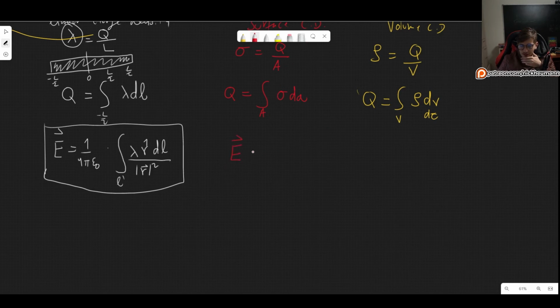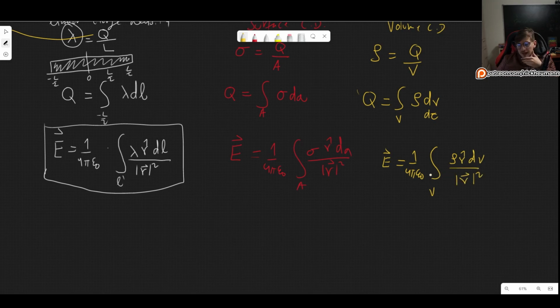So the electric field is 1 over 4 pi epsilon 0. We integrate, and now we have sigma r hat dA over the magnitude of this vector r, and this is over A. And finally, we have the electric field in a 3-dimensional case. There we have the integral over the volume of rho r hat dV over r squared.